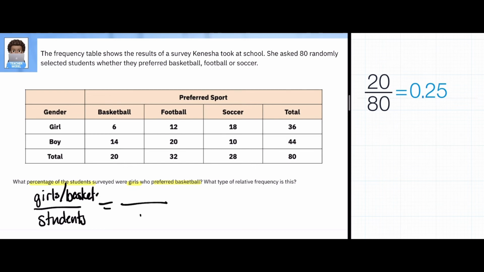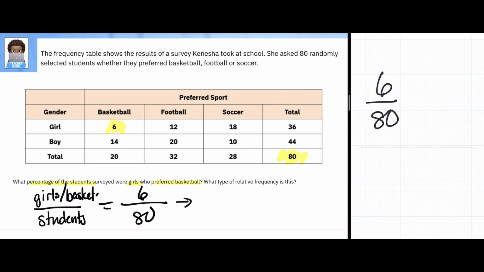So in this case, it's going to be out of the 80 total. I'm going to look for girls and basketball, and that's over here, 6. So this is going to be 7.5%.